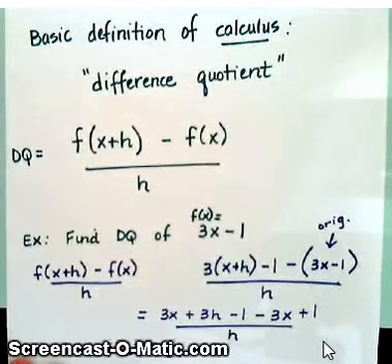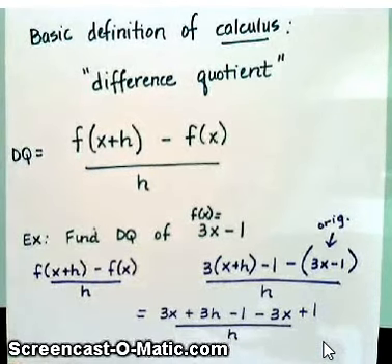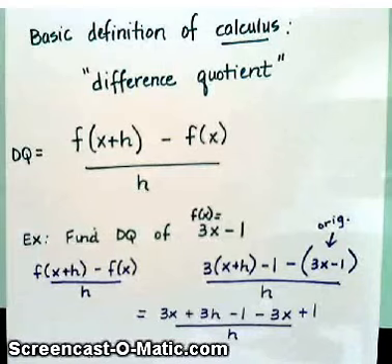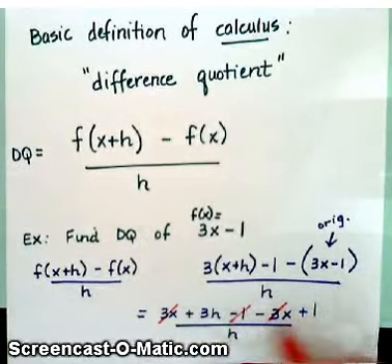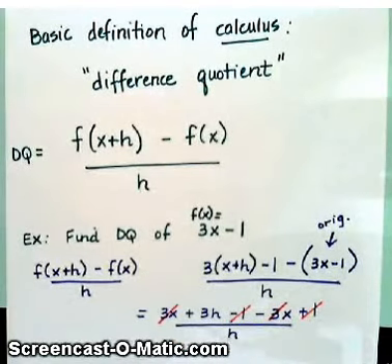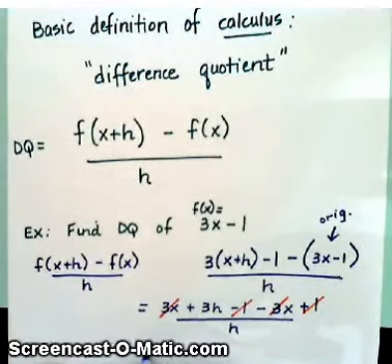Now you simplify. Okay. Simplify 3x minus 3x. I'm going to use my red here to show you that those go out. Disappear, disappear. Negative 1 plus 1, disappear, disappear. And all you're left with is 3h over h.